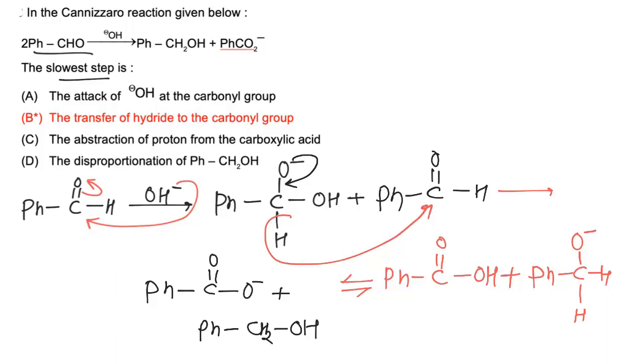The second step, in which the hydride ion transfers to the carbonyl group, requires a huge amount of energy because the carbon-hydrogen bond is very strong. So this is the slowest step, the RDS, and hence the correct answer is B, the transfer of hydride to the carbonyl group.